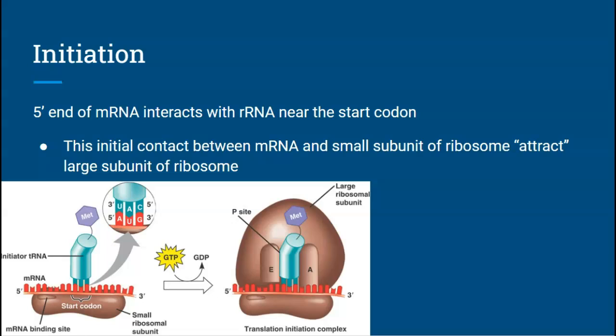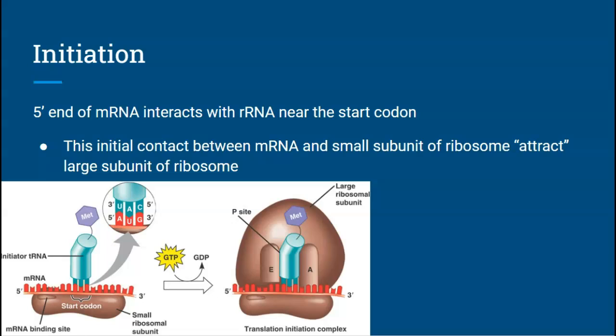to interact with rRNA, that's ribosomal rRNA, okay? And basically the ribosome is first in a couple different pieces, and when the first piece bumps into that 5' end, that's going to attract the rest of the ribosome to it, and so then the ribosome is going to assemble around the piece of mRNA here.